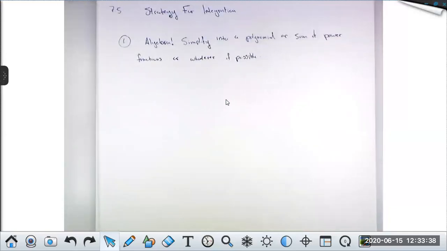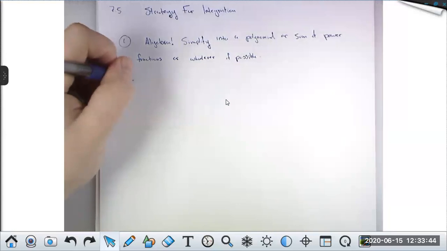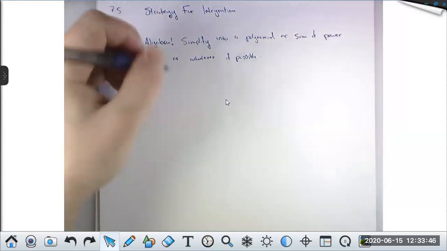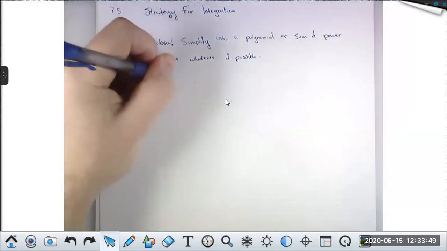If you're dealing with trig functions, simplify into nicer trig functions. Do some algebra to make your life easier if you can. For example, your book has an example there, but I like this one better.